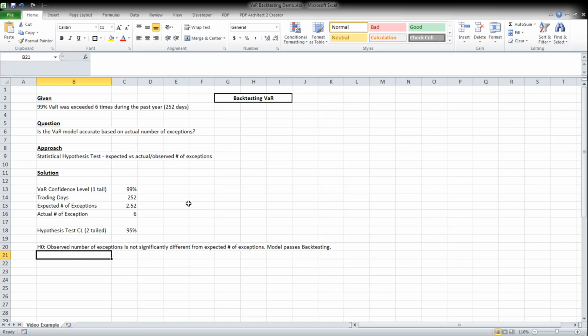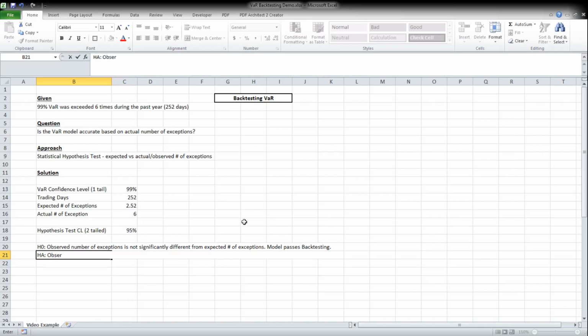The alternate hypothesis is when we do have enough evidence to prove that our model is bad, by saying that our actual number of exceptions is significantly different from the expected number of exceptions.